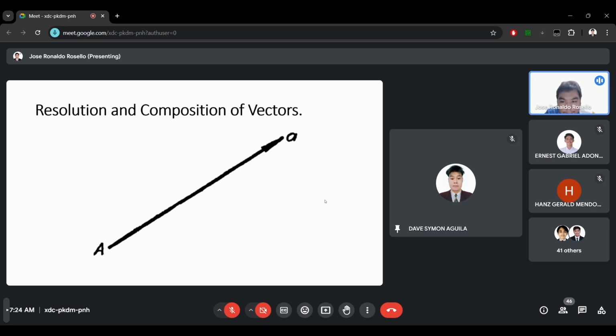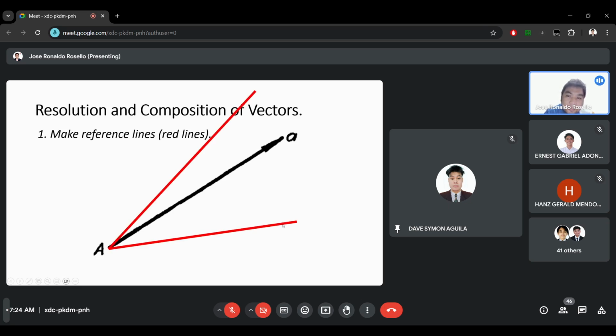Then for vectors, we can resolve the vectors by resolution, by determining two vectors that can represent the given vector. For this one, we have to first have reference lines. So this is reference line.